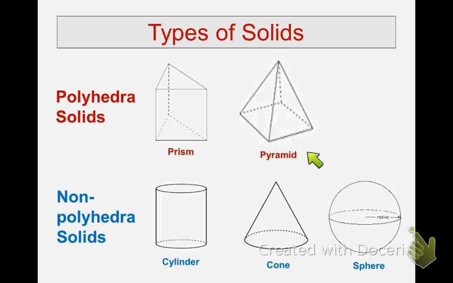Square. A square-based pyramid, or I haven't necessarily marked that all the sides are the same, so maybe a little bit more general would be rectangular pyramid. Sure. Okay, but you're looking at the number of sides that the base has. Are there any questions on the types of solids and how to identify each one? Okay.